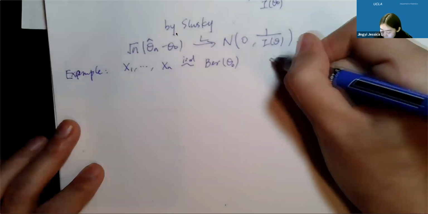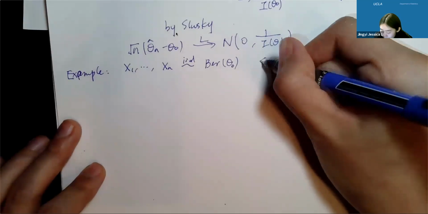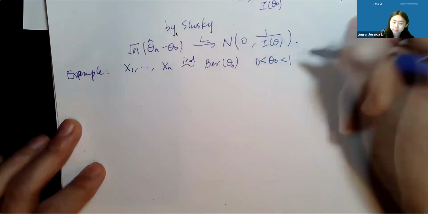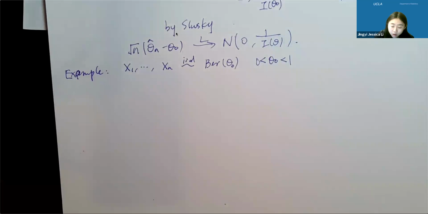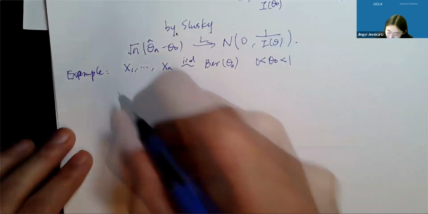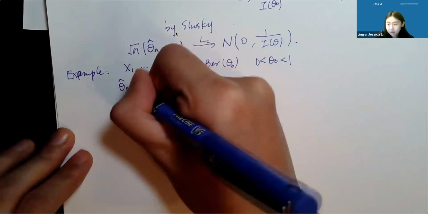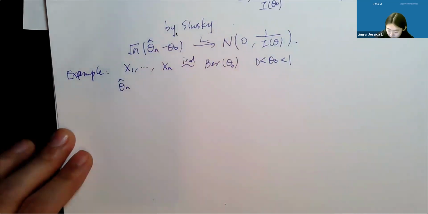This theta 0 is between 0 and 1. Okay, so the first thing we want to say is how does the MLE behave? If you know MLE really well, you would know that theta n hat would be just the average.